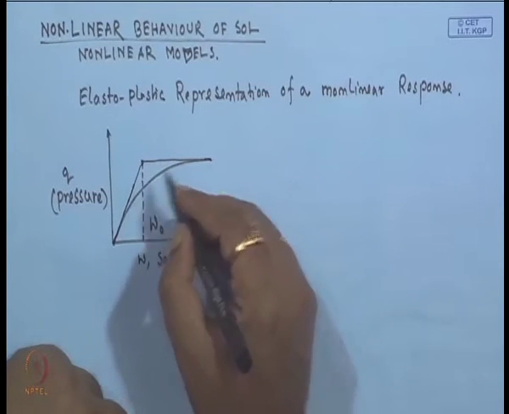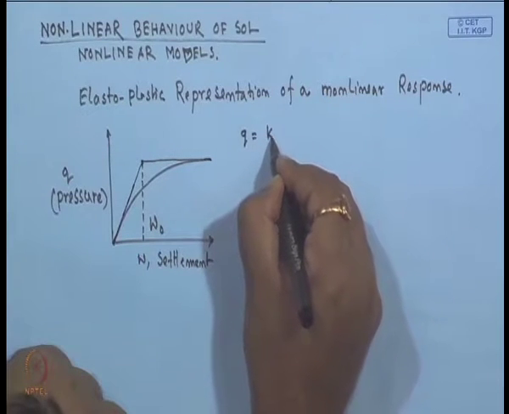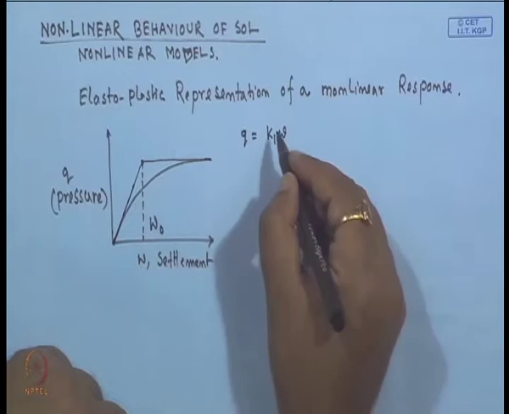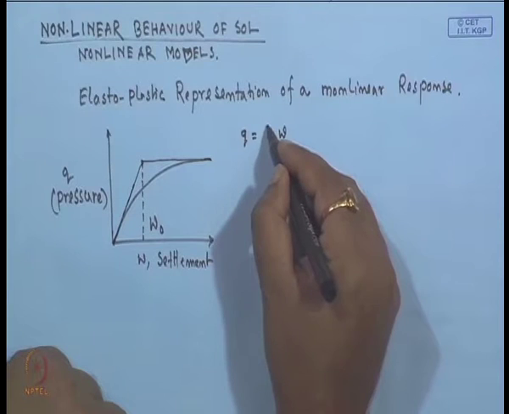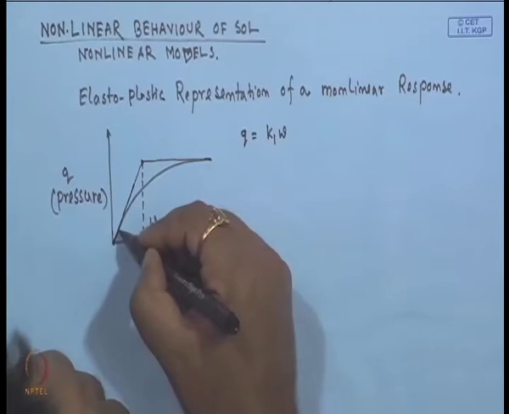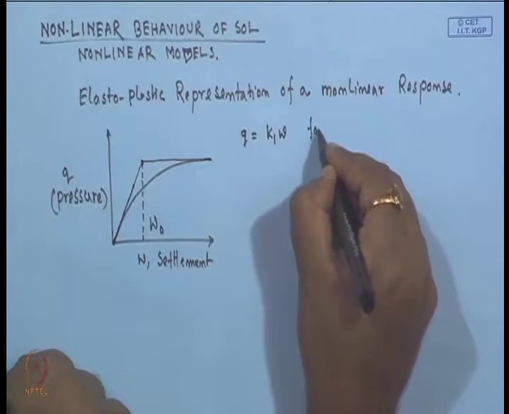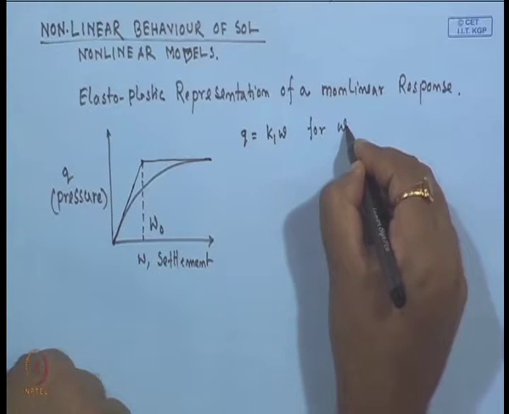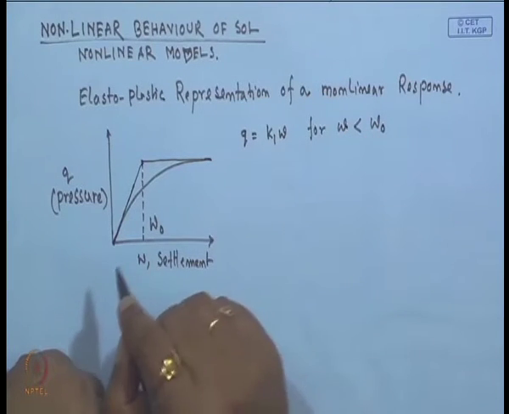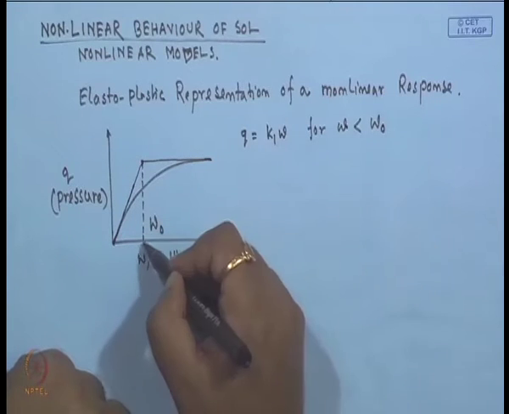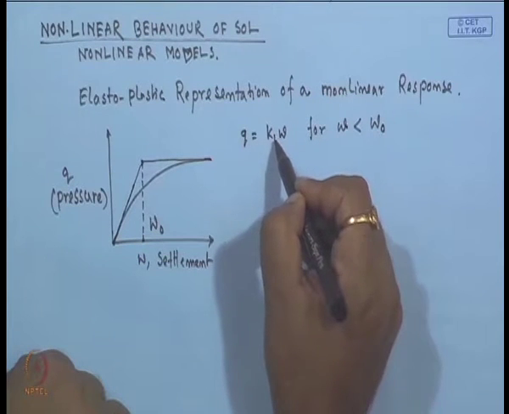That means for the initial part, the Q relation will be K 1 into W. K 1 is the initial modulus of subgrade reaction, or the initial spring constant of this initial straight line. That will be valid for any W less than or equal to W 0. So, if W is less than or equal to W 0, then the response will be Q equal to K 1 into W.